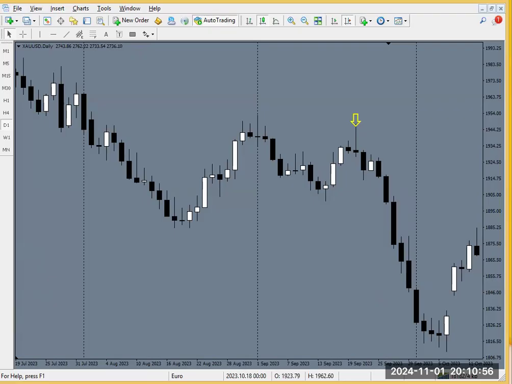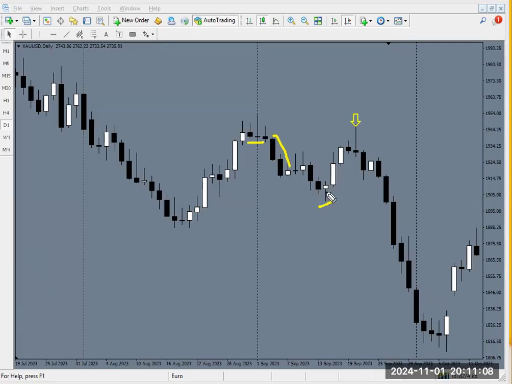You see dojis, you see kangaroo tails, and then eventually it falls. Okay, look at this one here. It's a doji as well, and then after it, what happens? At least for the next candle or the next 2 candles, price moves up, right?